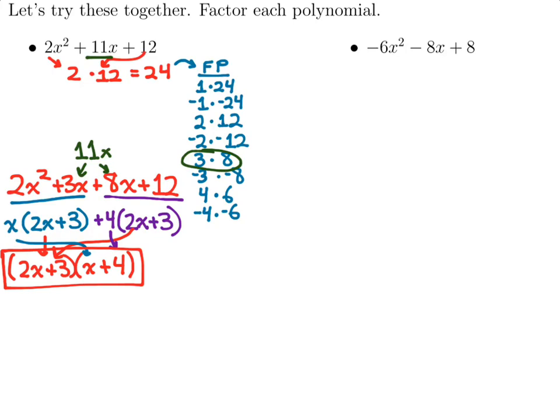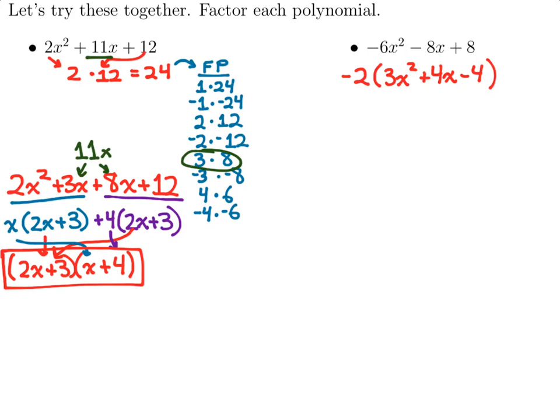Now let's look at the next one. Now in this case, there's a common factor of -2 we can use to factor out at the beginning. This is really helpful because it makes all the other numbers smaller. That's going to really save you a lot of aggravation, a lot of frustration moving forward.